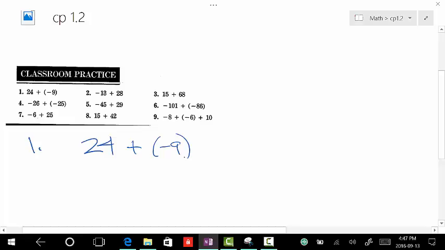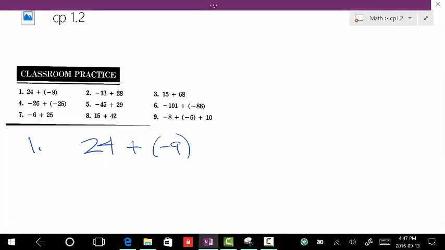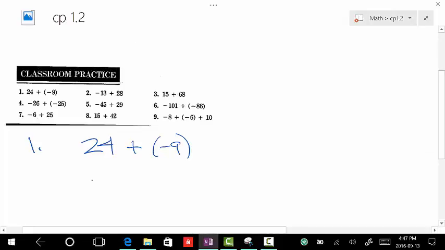This means that the positive arrow for 24 is bigger than the negative arrow for -9. So when you align them so that they overlap, so to speak, you're going to have some of the green arrow left over.